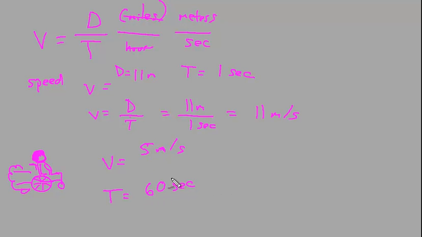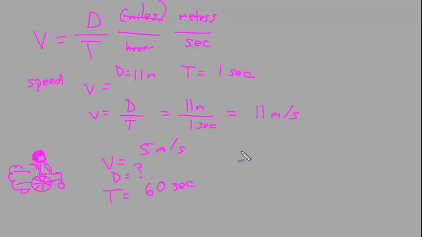So I want to find a place where I can catch my grandmother 60 seconds after her escape. And I know that she goes 5 meters per second. Well, the real question is, how far, right? How far away do I need to be? What's the distance that I need to set up my little trap at? Well, we can use math to figure that out.